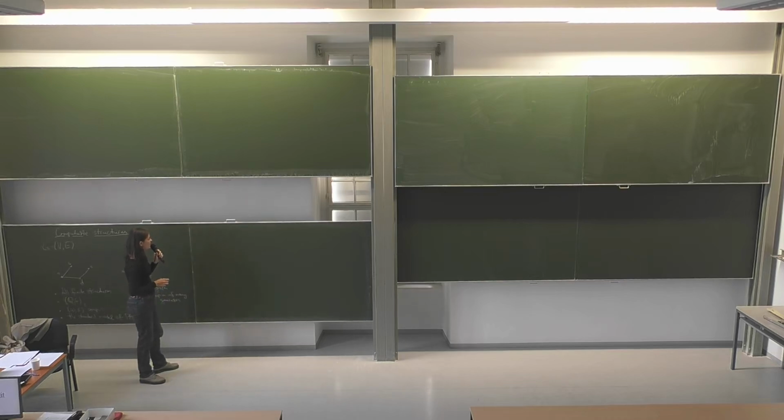Okay, so we have seen examples of decidable structures, of computable structures, of non-computable structures. The question is what degrees we may at all realize as degrees of structures.